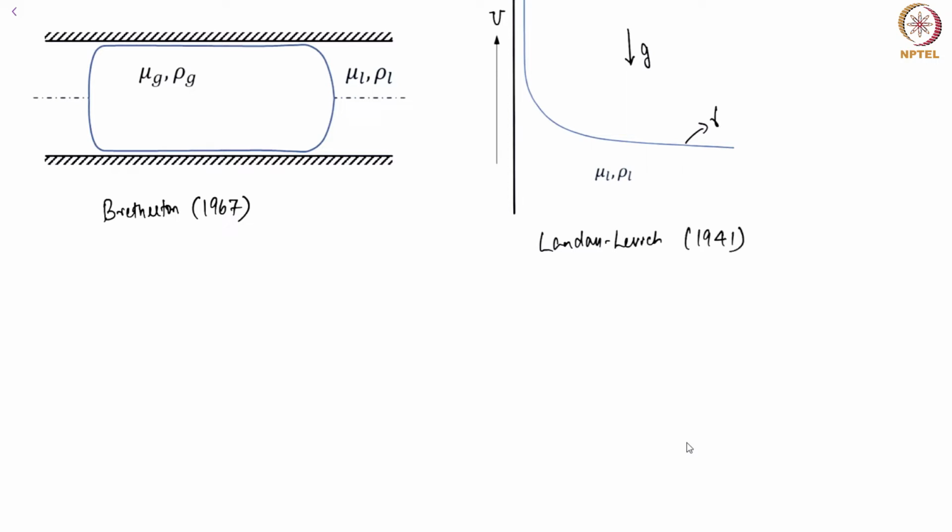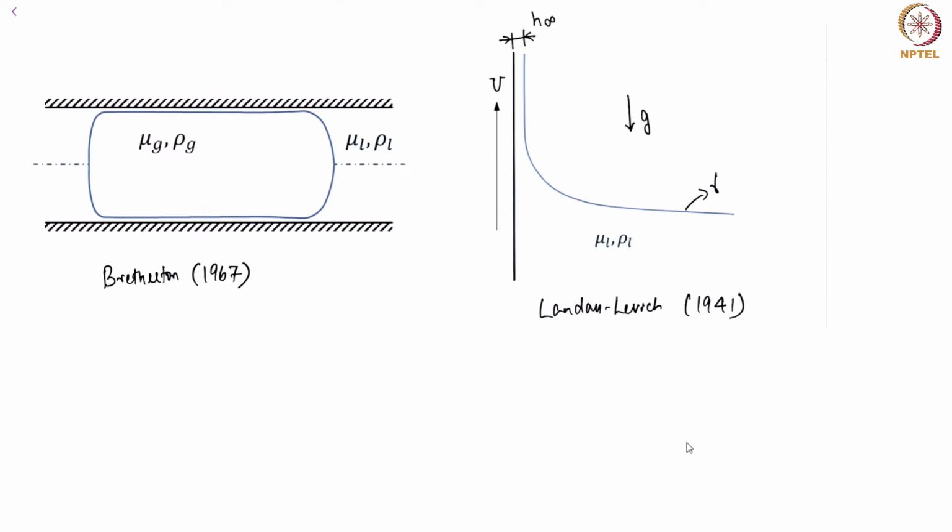It was done in 1941, but Professor Bretherton wasn't aware of the work of Landau-Levich when he first did it, and he derived a result which is very similar to what Landau and Levich derived, but there are subtle differences.